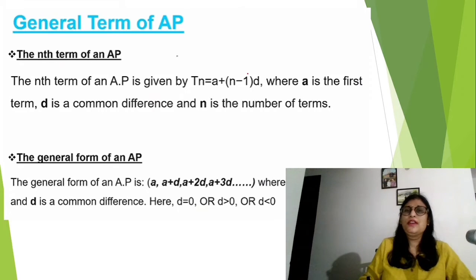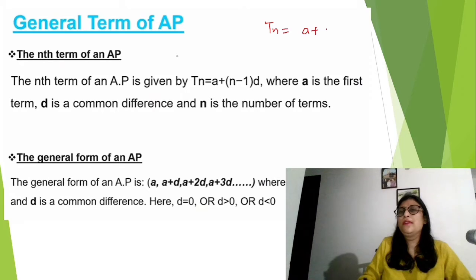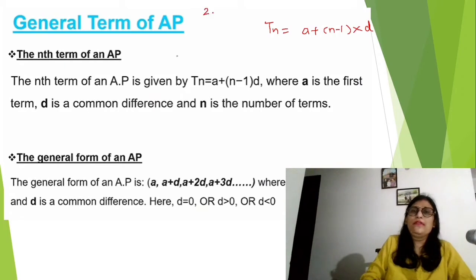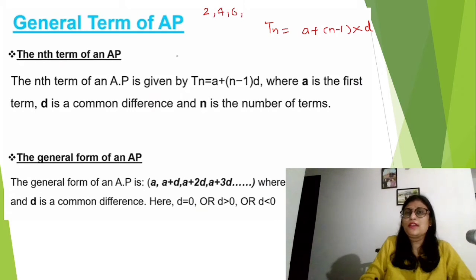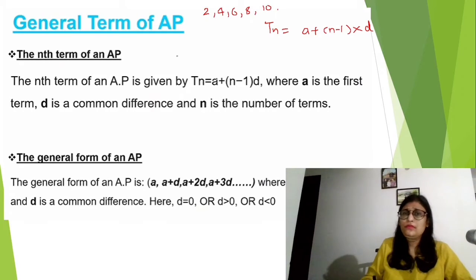The general term for an AP is Tn equals a plus (n minus 1) into d. Suppose I want to check whether this formula is correct. Let me take one example: 2, 4, 6, 8 and 10. I have taken a finite series because I want to find any term. Suppose I want to find term 2, the second term of this series.